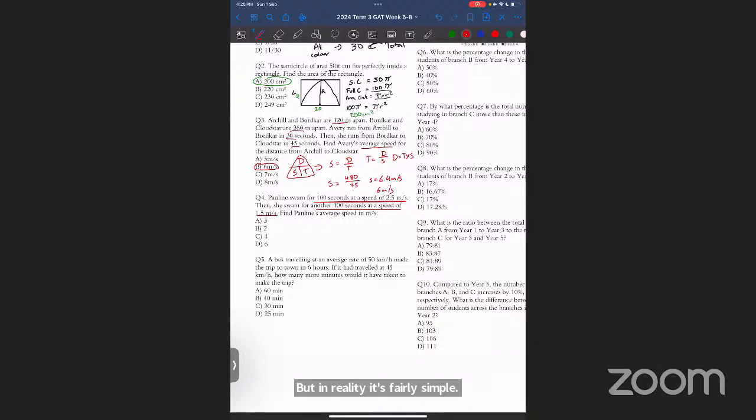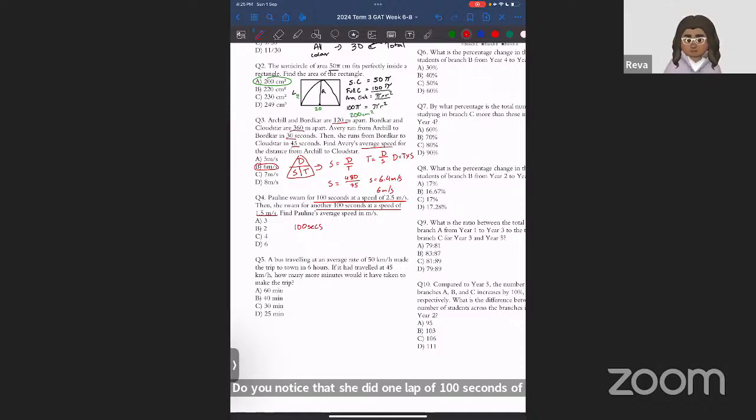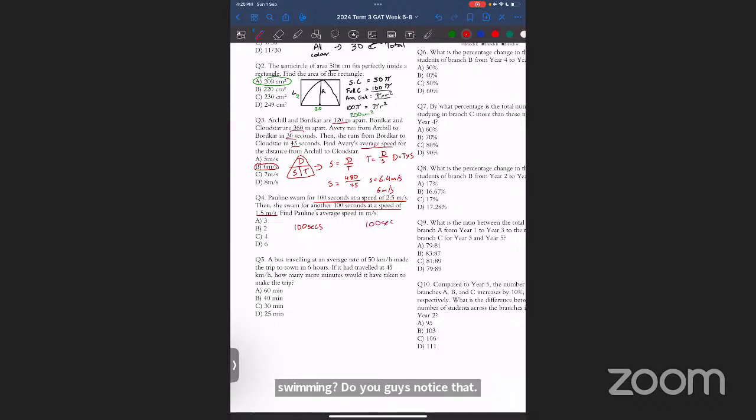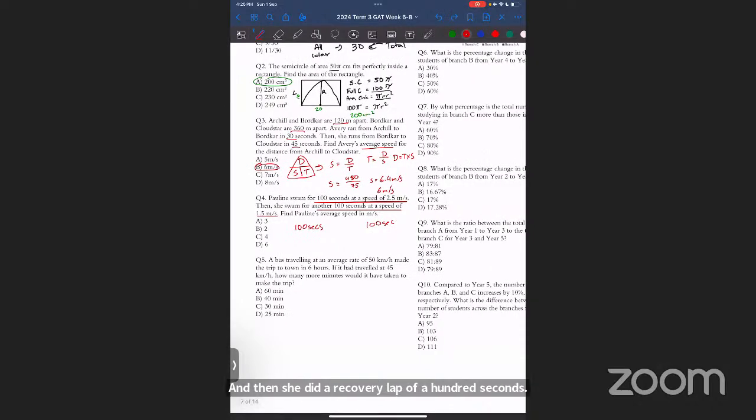Do you notice that she did 1 lap of 100 seconds of swimming? And then she did a recovery lap of 100 seconds at 1.5 meters per second. The first was 2.5 meters per second, the second was 1.5, but in total she did 2 laps of the exact same duration.